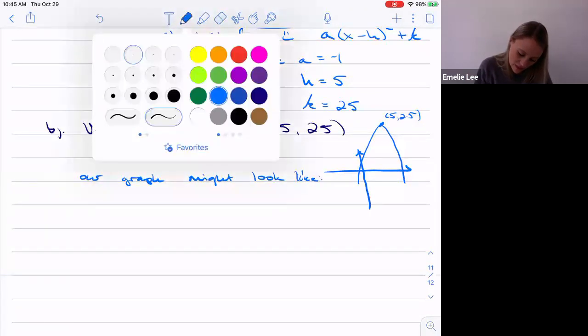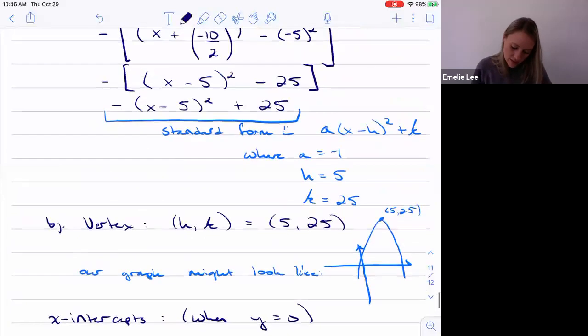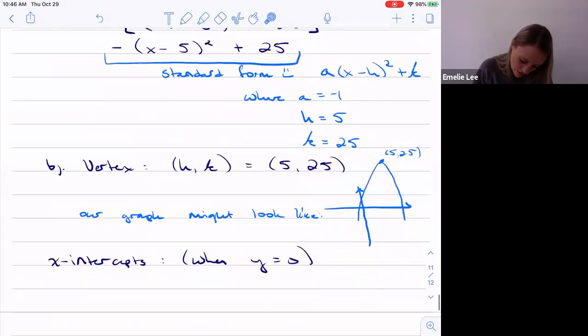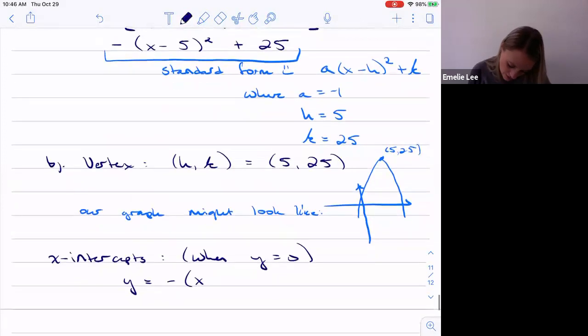So our x-intercepts are when y equals 0. We can set this equal to 0. We can use this one. We worked hard for it, so why not? So y is negative (x minus 5) squared plus 25.